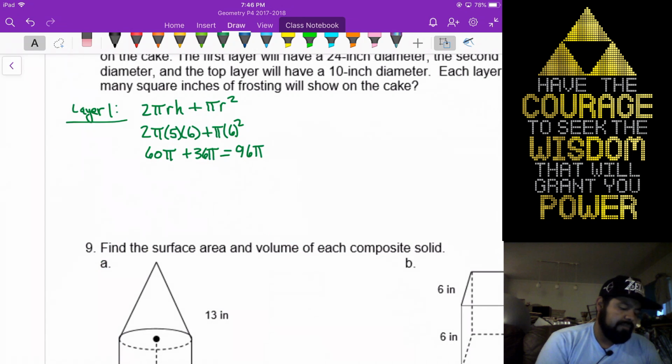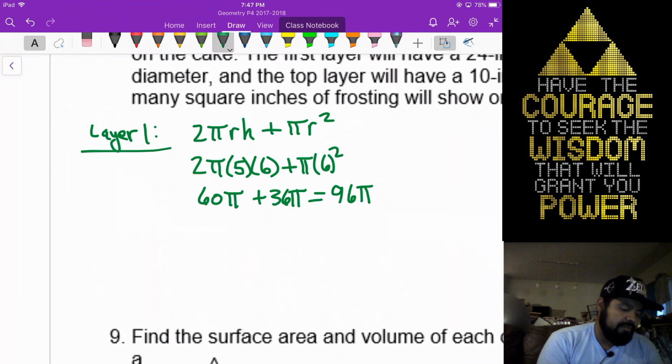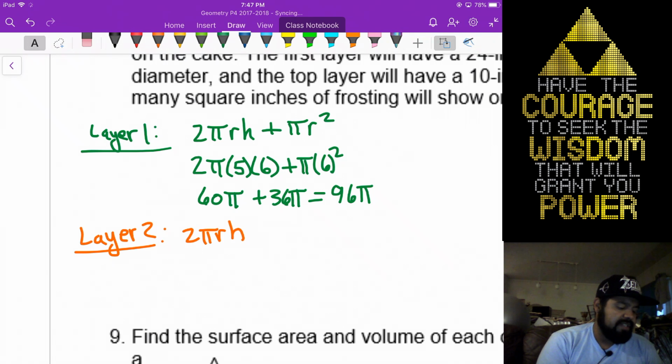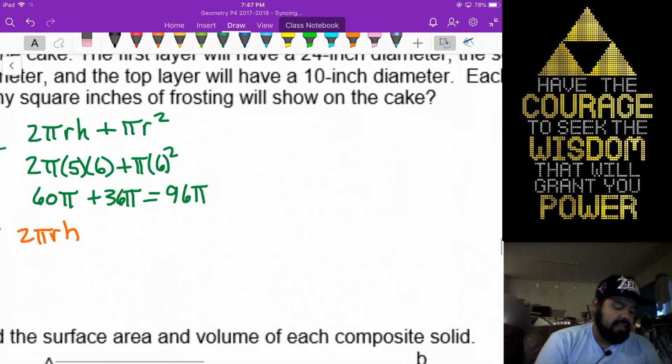That's layer 1. Layer 2, let's use a different color. Layer 2 is going to be, again, 2 pi RH. We're going to use a different radius for this one. They're all the same height.